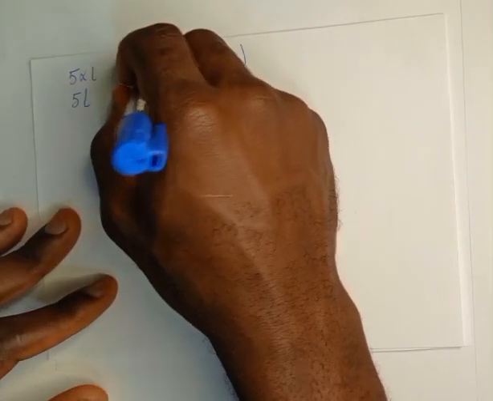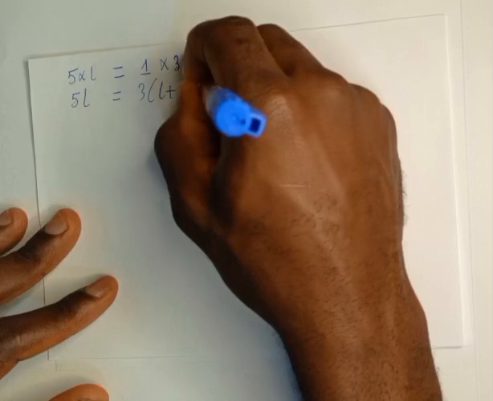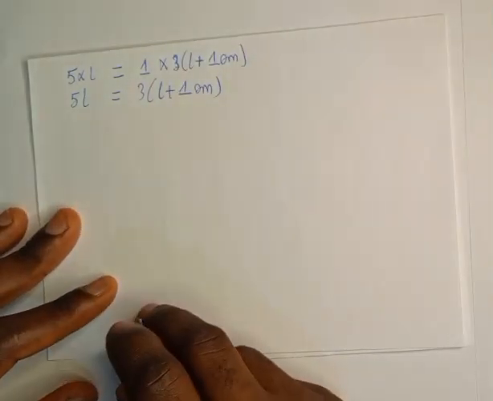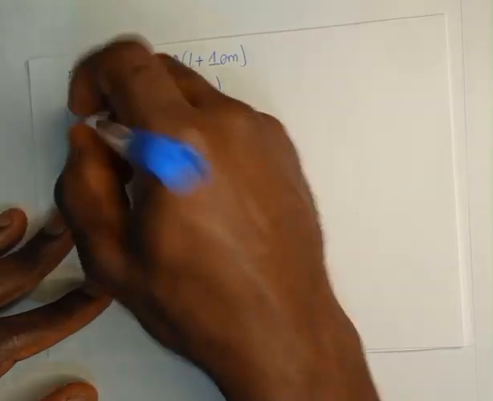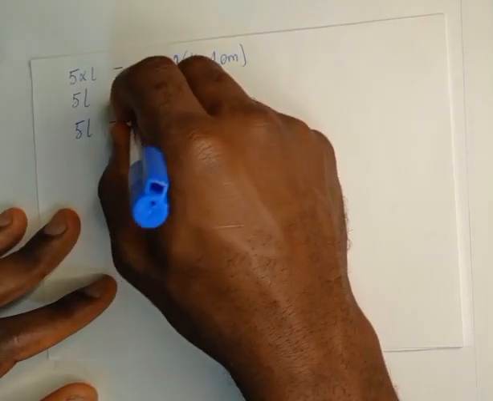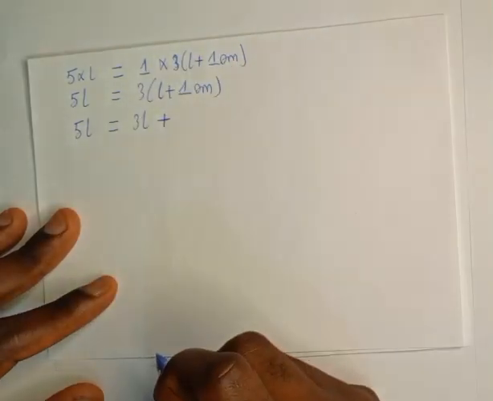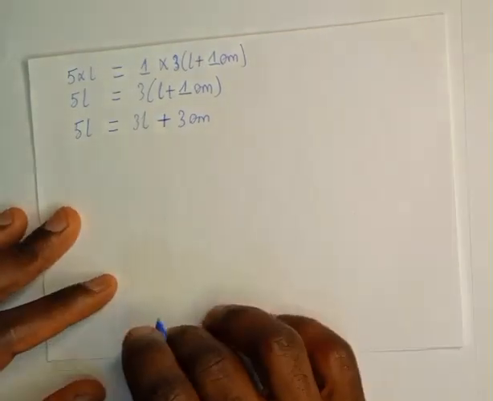It simply remains 3 times L plus 10 meters. Next, we are going to expand the brackets at the right hand side. This will give us 5L equal to 3 times L, which gives us 3L, plus 3 times 10 meters, which gives us 30 meters.